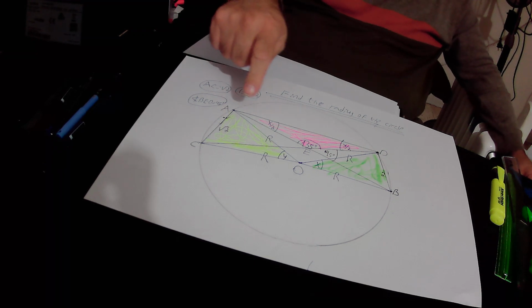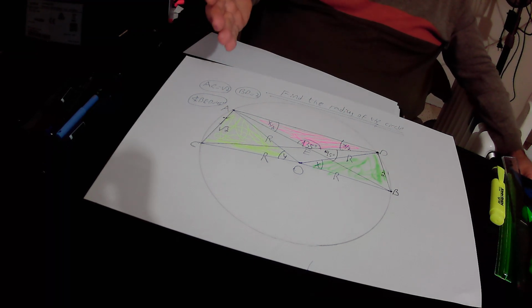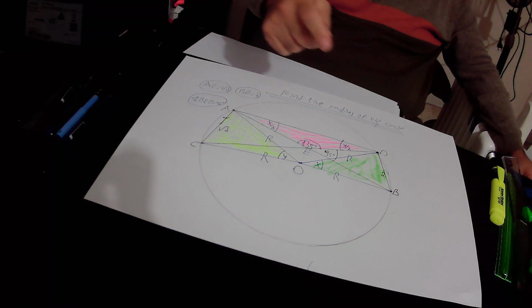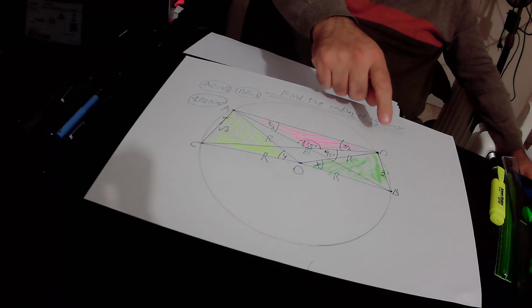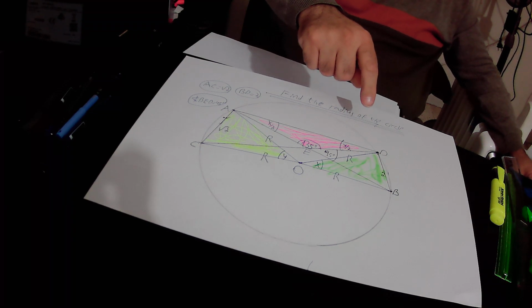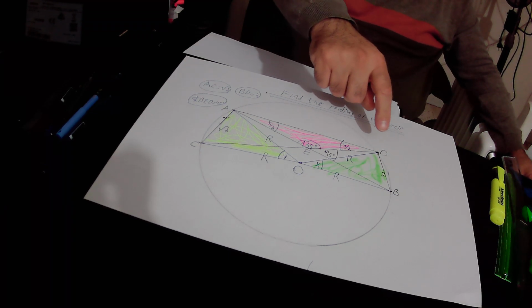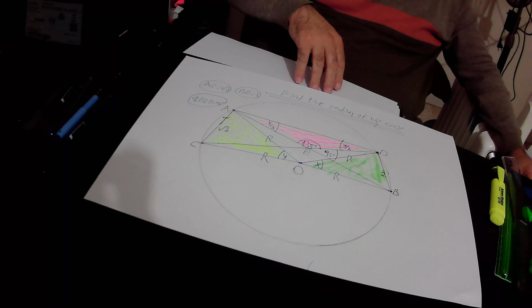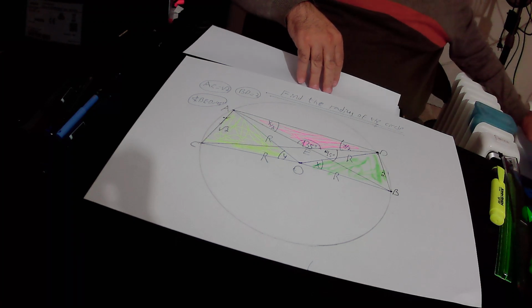So the diameter 2r is the longest chord in the circle. Therefore, it must be greater than DB, that is not the diameter. So in conclusion, 2r, the diameter, is greater than DB.